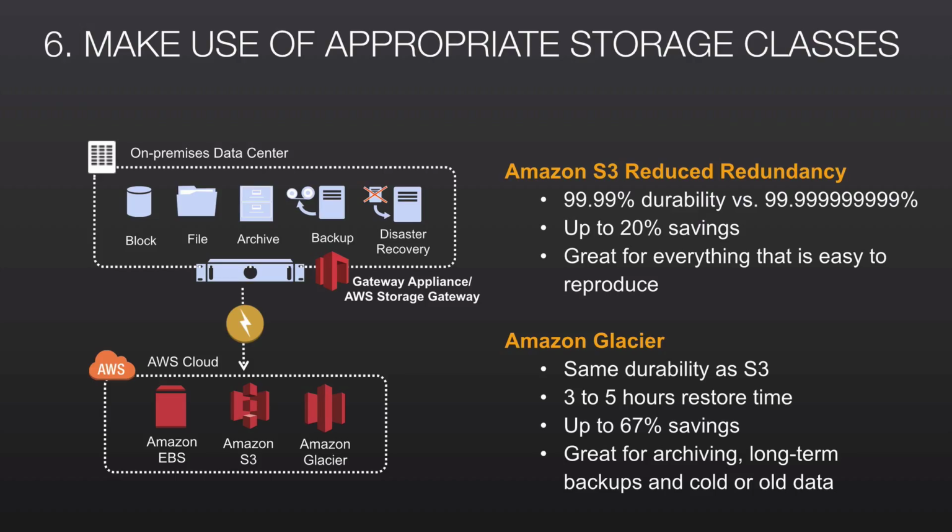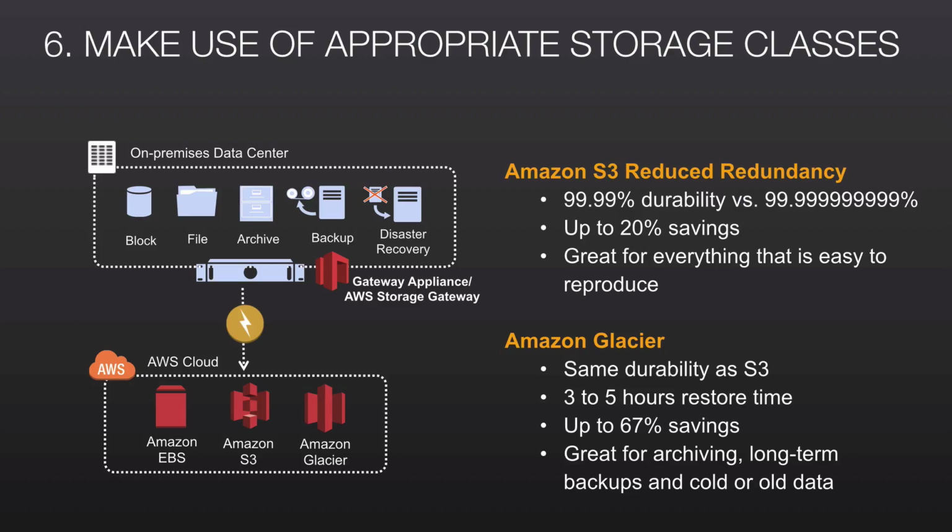And this allows you to trade off the very high durability levels of the standard Amazon S3 storage class, the 11 9's durability that S3 is very well known for, and instead to take a 4 9's durability level, 99.99% durability. This will deliver up to 20% savings.